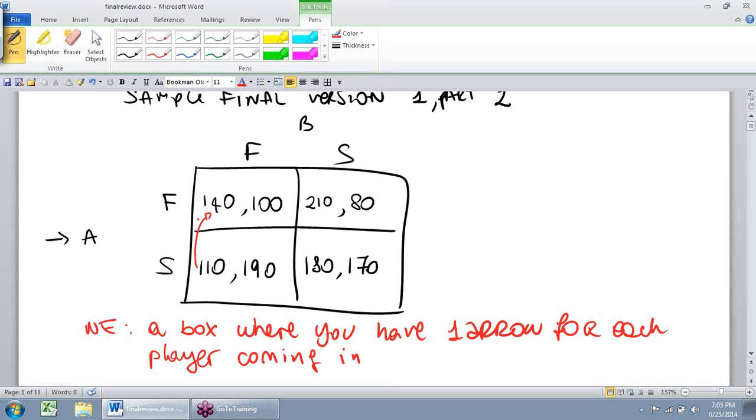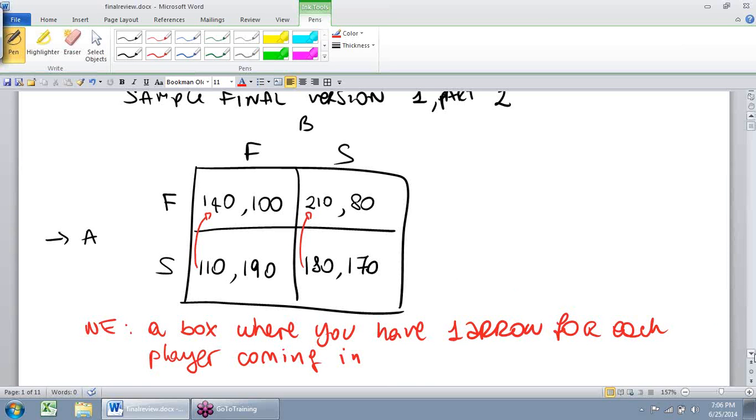If A plays share, he will get 180. If he plays fight, he gets 210. Since 210 is greater than 180, we have an arrow going from share to fight. So for player A, it's always better to fight, no matter what B does.